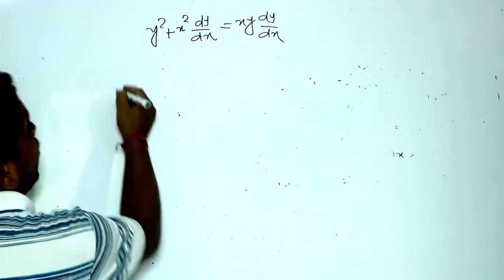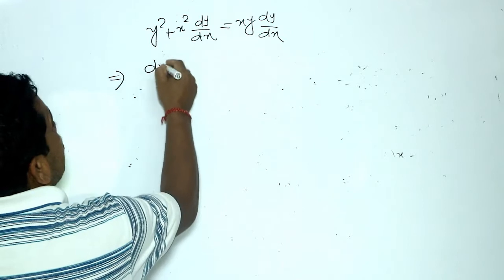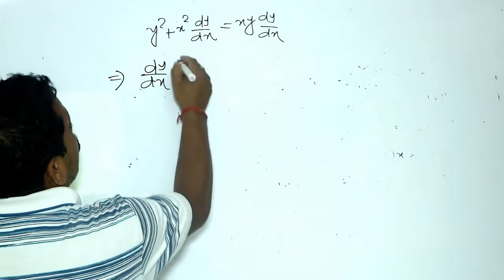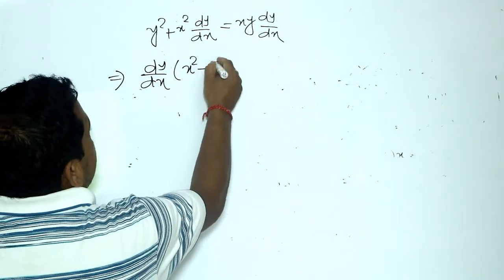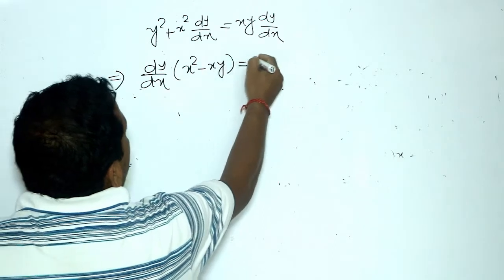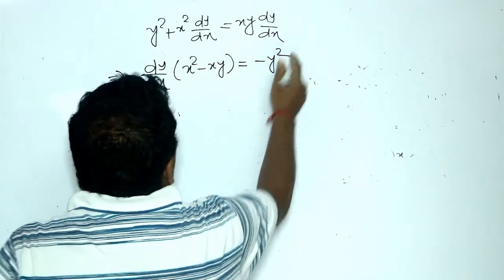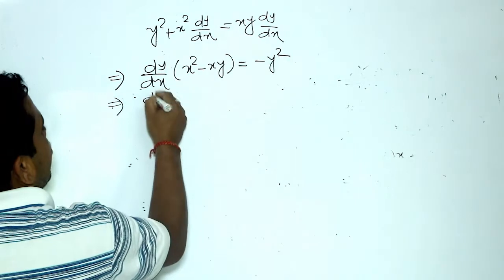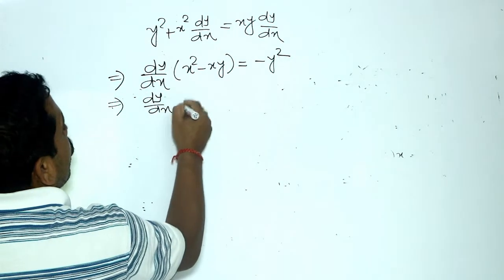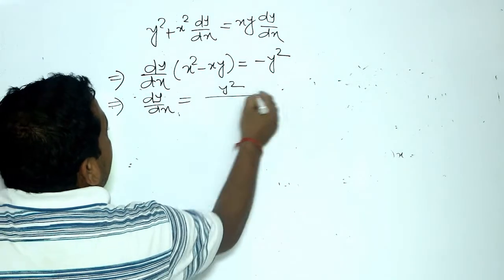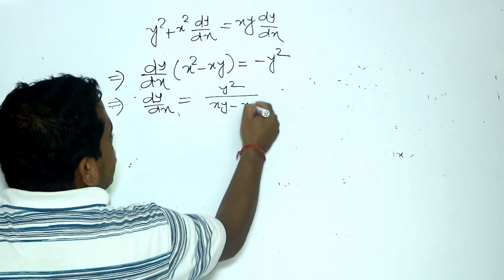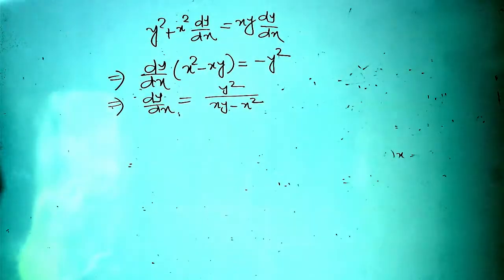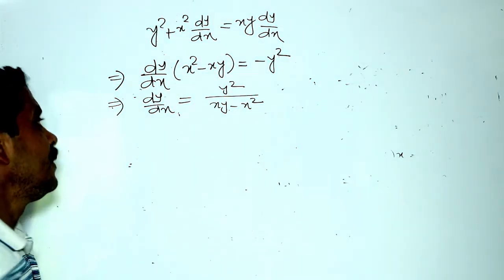Then you have to find dy by dx. Taking dy by dx common, the left hand side becomes x square minus xy, which is equal to minus y square. Then dy by dx equals to y square by xy minus x square. First you have to find dy by dx.